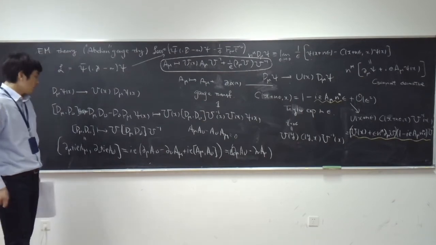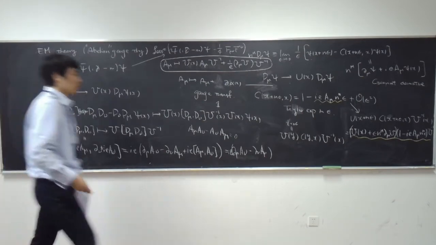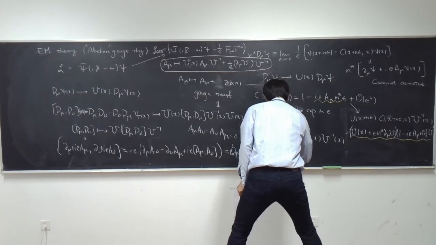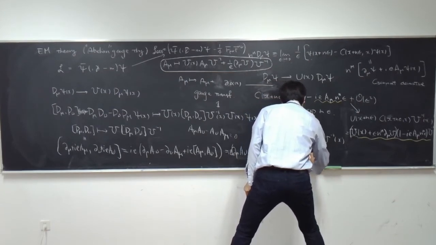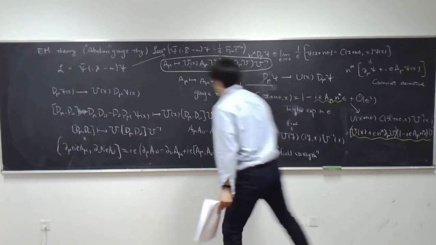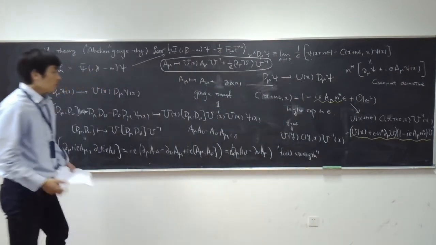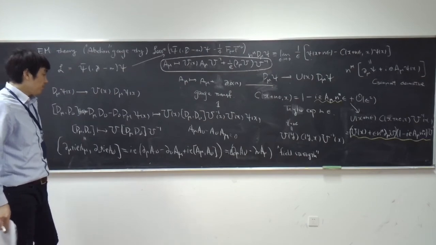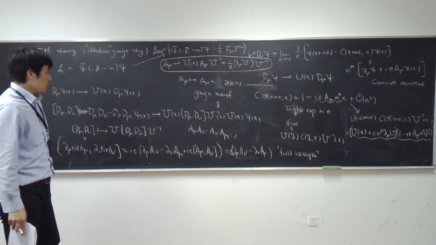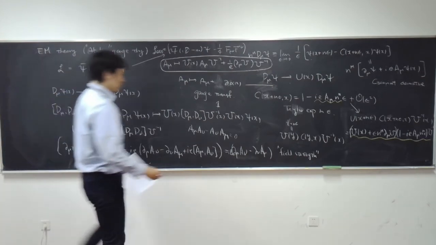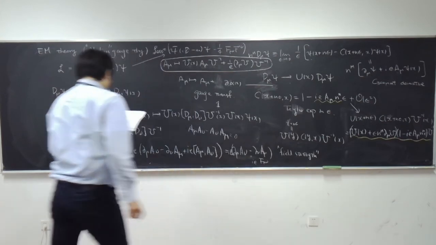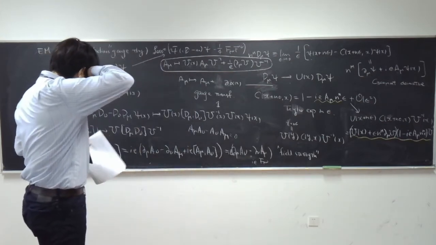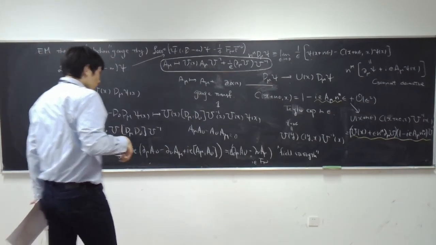So that's the field strength of the gauge field. We call it iF_mu nu.